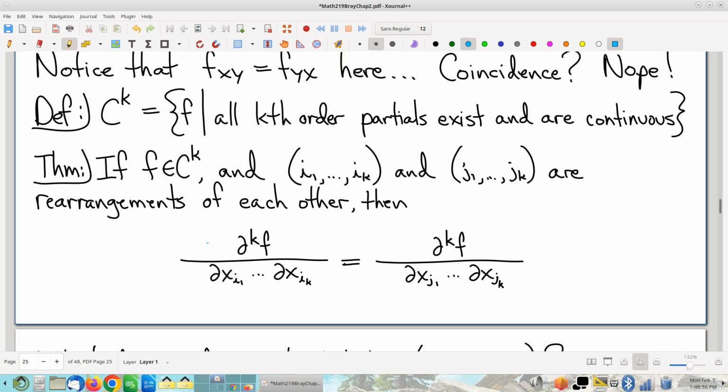One last little comment about this. You do have to check all of the kth order partials. And a case could be made that, well, if I have to check all of them, isn't that exhausting? I mean, isn't that, oh my gosh, way more trouble than it's worth? Right? Tempting to say that's just impractical. But let me point out that very often you can actually check this condition fairly effortlessly, because some categories of functions have partial derivatives that are all in the same category.